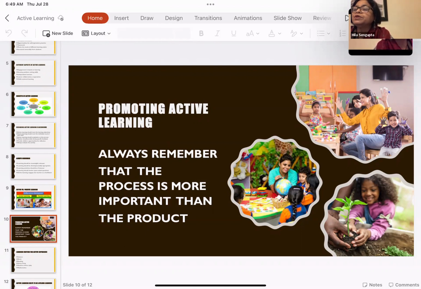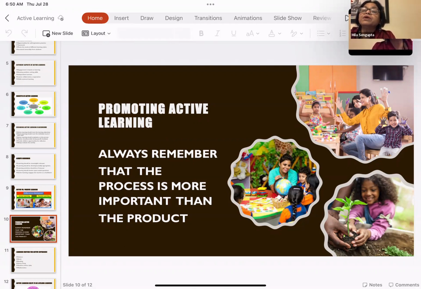And it could also be something as simple as planting a small plant. So active learning is not only restricted to a certain area or a certain center. Active learning can be applied in all areas, and it can happen at all times in your classroom.